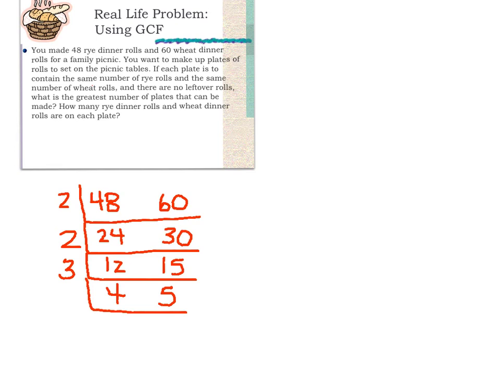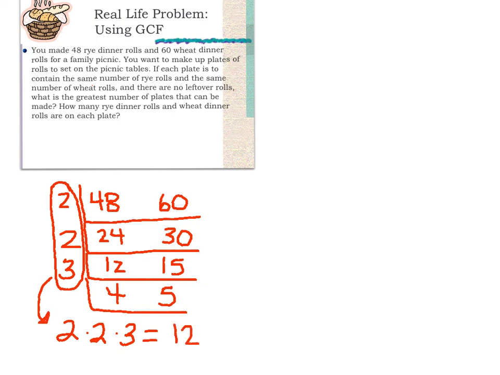Now I'm down to a point where 4 and 5 do not have any common prime factors. So I know that the GCF of 48 and 60, I would need to multiply 2 times 2 times 3. And 2 times 2 times 3 are the numbers on the outside again. That's what I multiply together. And that would give me 12.